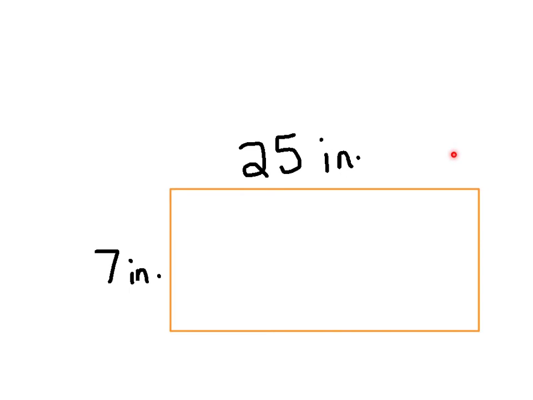Let's try it again with an even bigger rectangle. This time, I'm going to decide to break up the 25 into two rectangles. So, again, I'm going to think back to what I learned about multiplication and break this number into tens and ones. So then that means that this is equal to 20 and this part here is equal to 5.